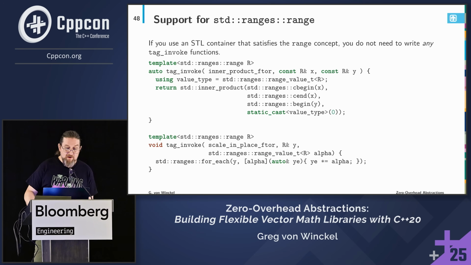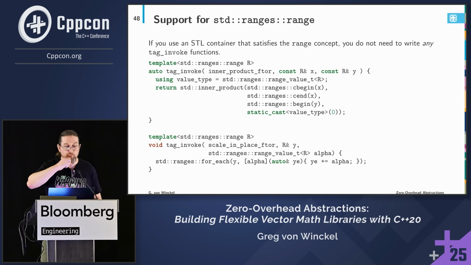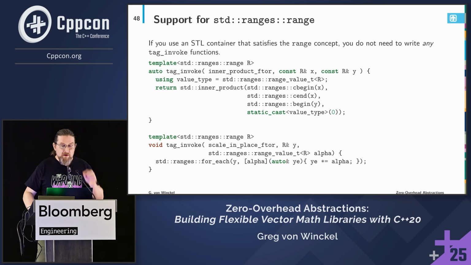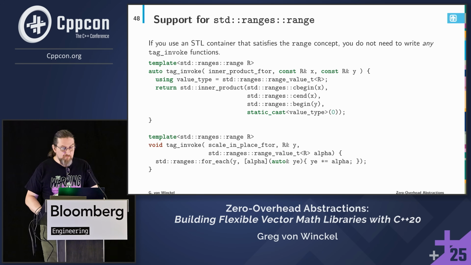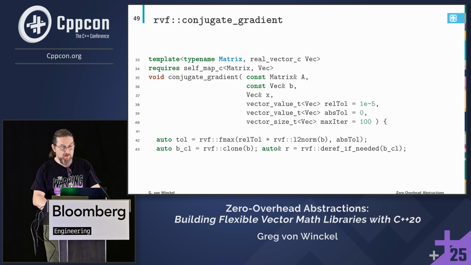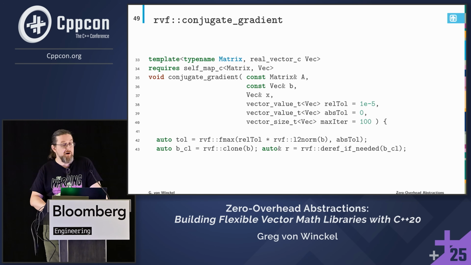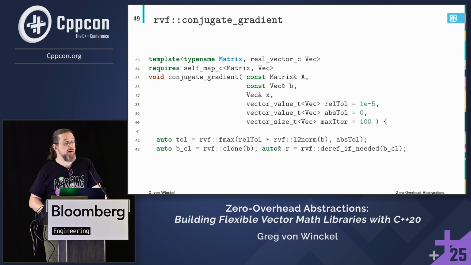Right. And let's see. Right. So inner product uses numeric and scale in place. And then once you have all of these things together, you can go back and look at what you need to do to actually write the conjugate gradient method in terms of the real vector concept instead of an object.